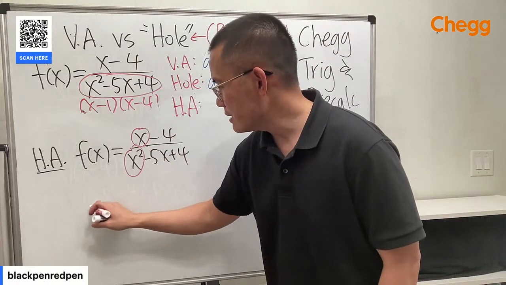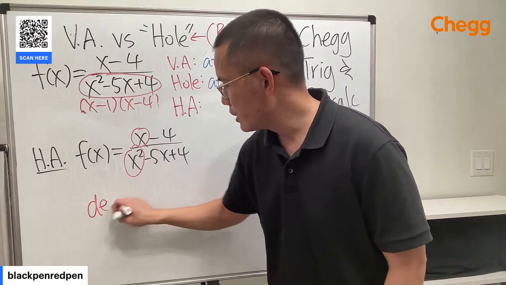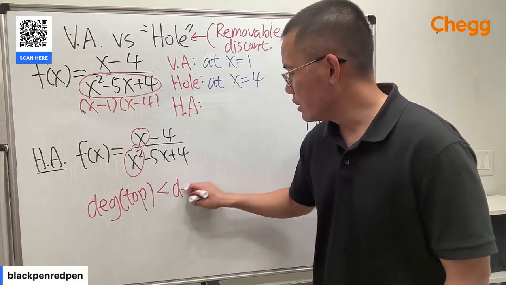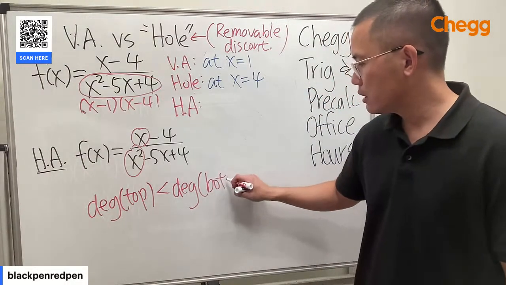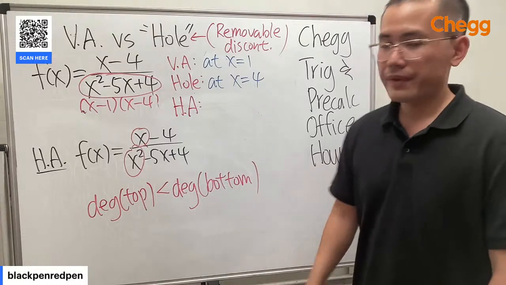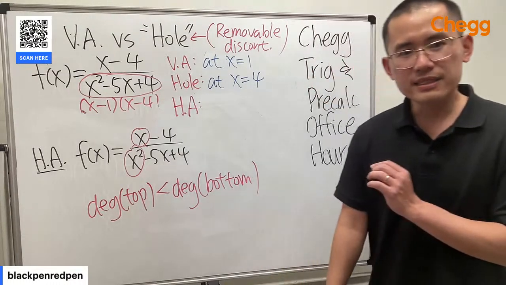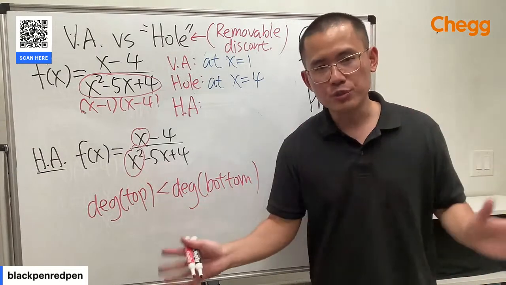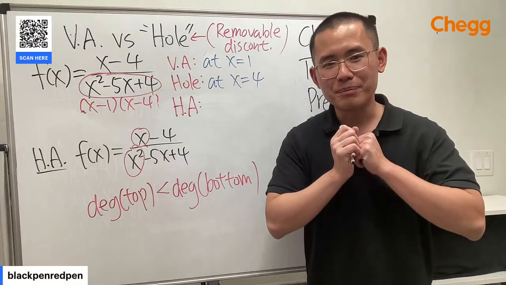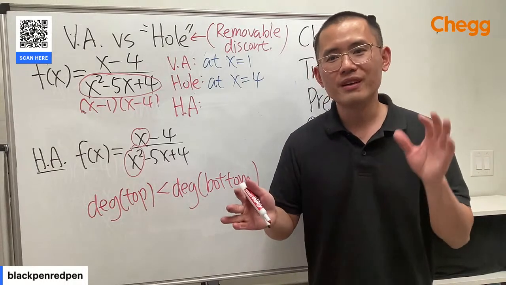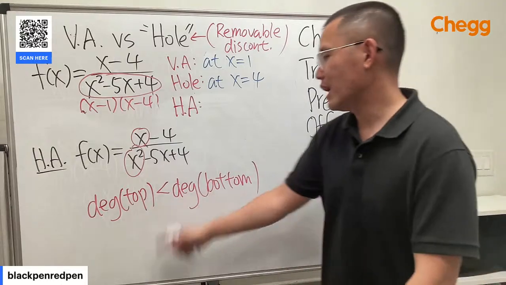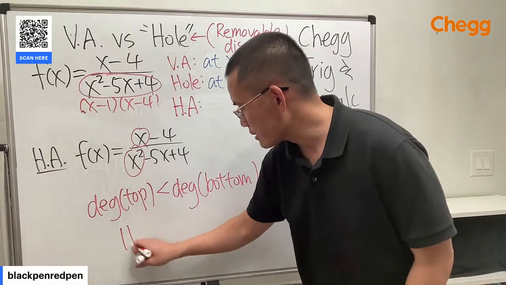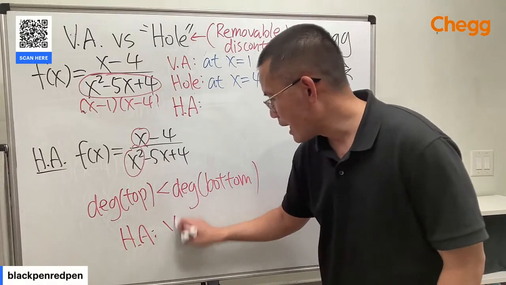If the degree of the top part is less than the degree of the bottom, then as x gets to infinity, the bottom will be so much bigger than the top, and the whole thing will be super small. So you just get 0. The horizontal asymptote is just y equals 0.